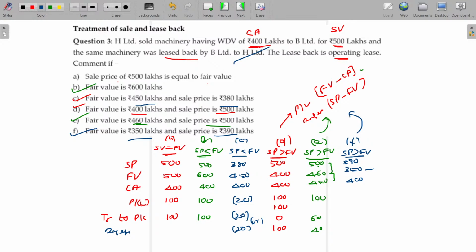Your profit and loss will actually be a 10 rupees loss. Though it is a 10 rupees loss, how much can you recognize now? The difference between fair value and carrying value, 50 rupees loss, is recognized, but the sale value is beyond 350, and the gain is amortized over the tenure.